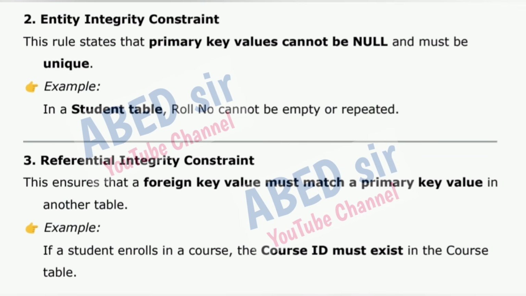Example: in a student table, roll no cannot be empty or repeated. 3. Referential integrity constraint. This ensures that a foreign key value must match a primary key value in another table. Example: if a student enrolls in a course, the course ID must exist in the course table.